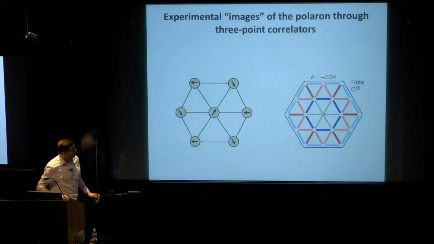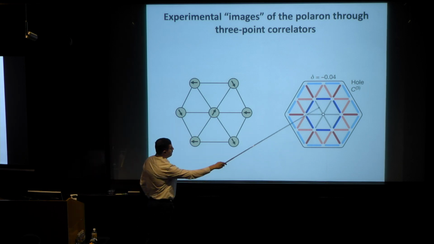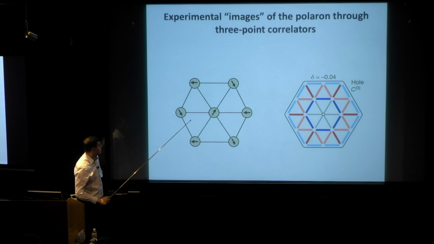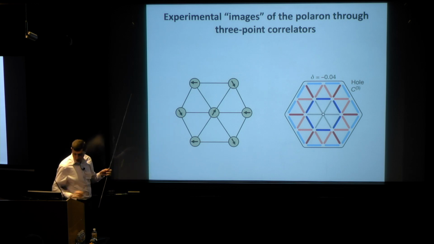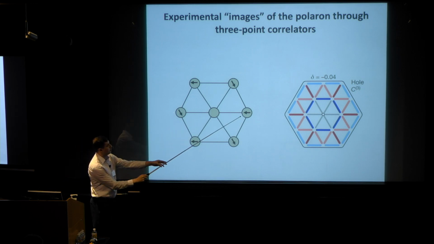OK, so let me comment a little bit about why you have these red bonds further out. I've already explained the antiferromagnetic correlations right next to the hole. Maybe a simple picture you can have in your mind: here I've drawn the undoped system with the 120-degree Néel order. Let me introduce a single hole into the system, and let's imagine this hole hopping over here.